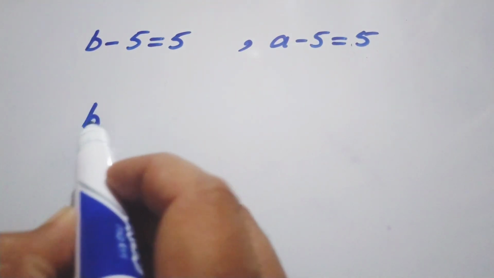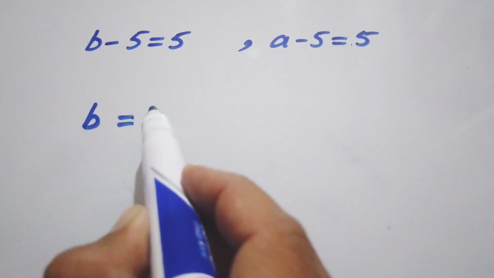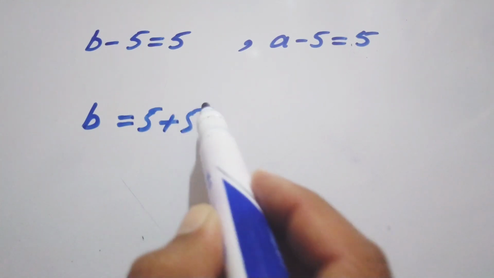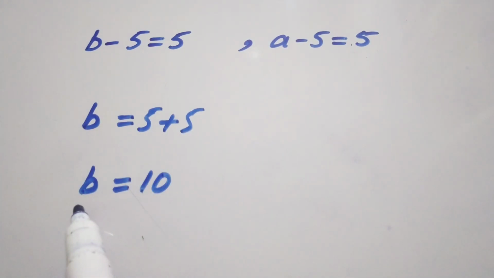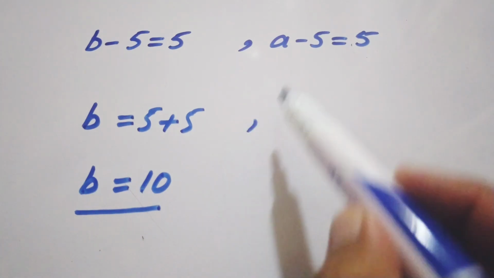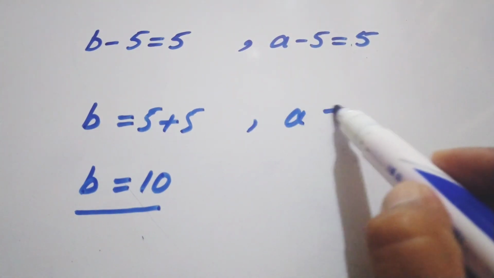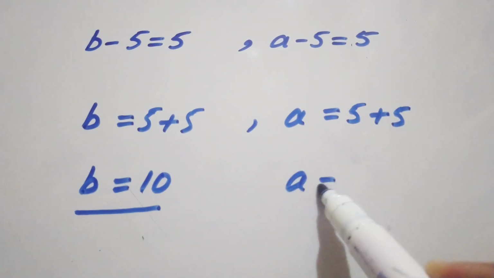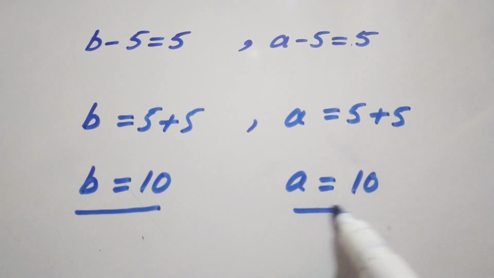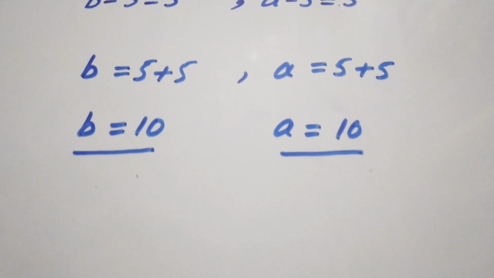Now by moving negative 5 from left hand side to right hand side, this will become positive 5, and adding 5 plus 5 we get 10. So b is equal to 10. And here moving this from left hand side to right hand side, this will become positive 5 and we get a is equal to 10. So the value of a and b is 10.